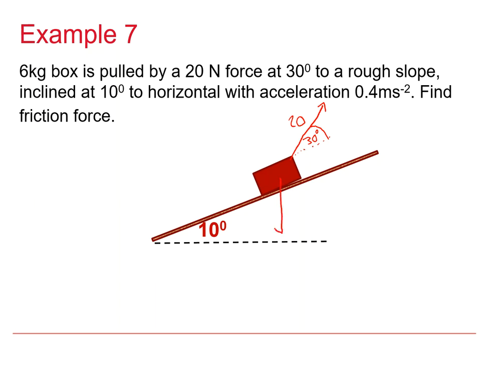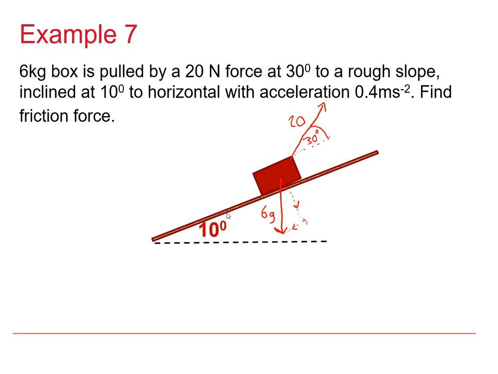If it's a 6 kilogram block, then that is going to be 6g, acting vertically downwards. But we're going to need to resolve that into two components. So we've got a component which is perpendicular to the surface and a component which is parallel to the surface and is acting in the opposite direction to this force.